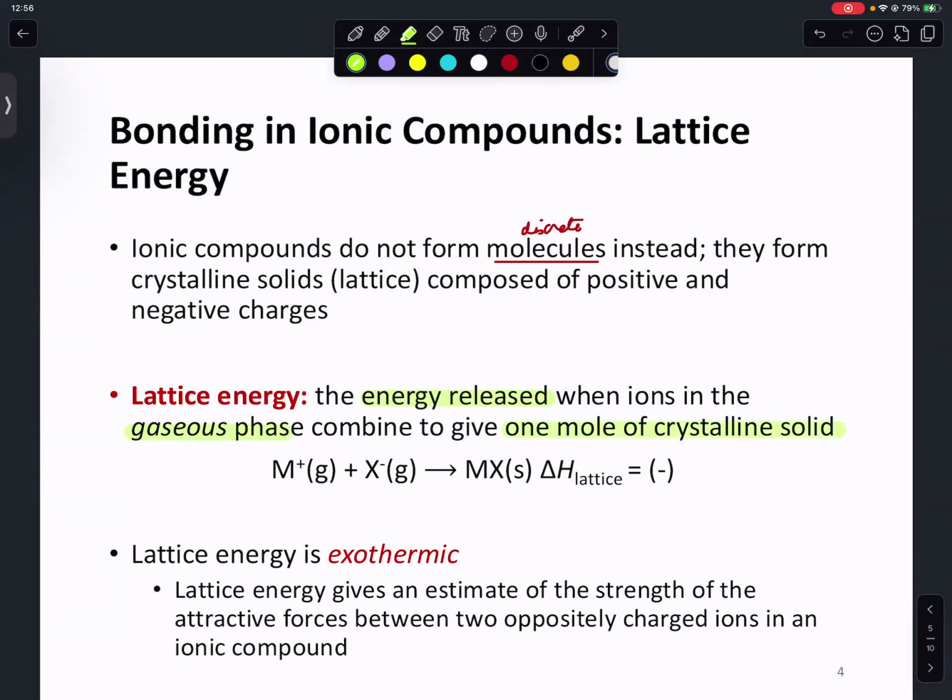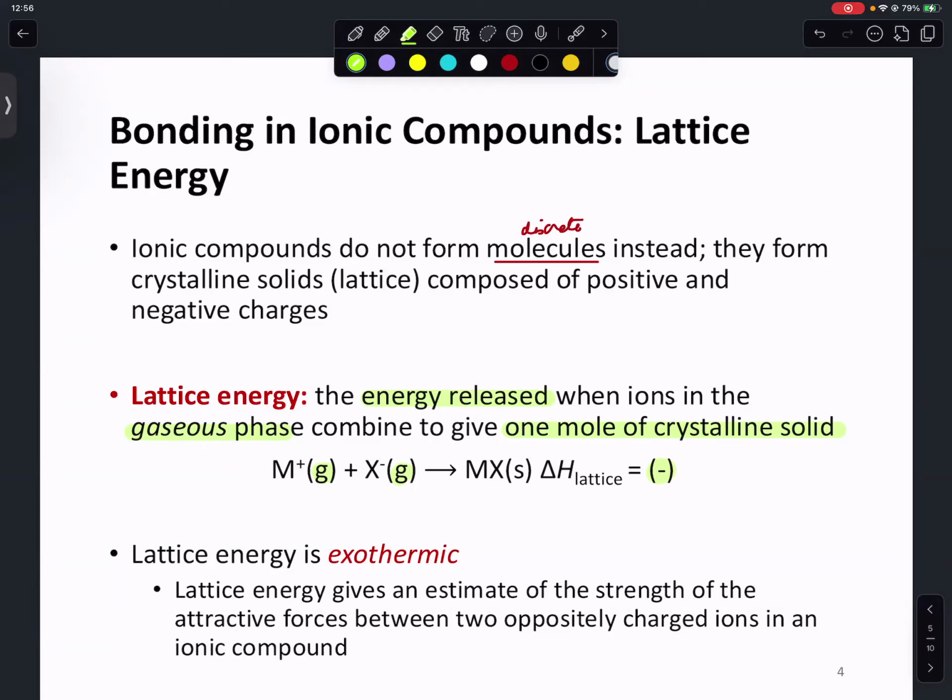As a reminder, these measurements are done in the gas phase, and this is why the gaseous cations and anions are the reference. Lattice energy is always an exothermic value, meaning that it is a negative value for a cation and anion coming together.